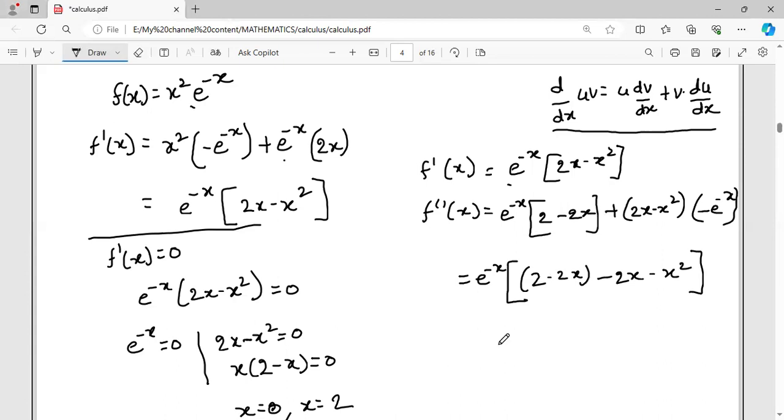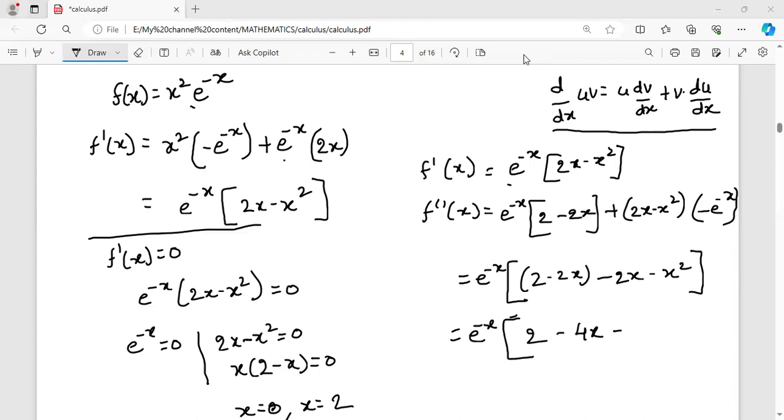So e power minus x, e power minus x into here 2, that is 2, take the term, minus 2x means minus 4x, minus 4x, here minus of x square.